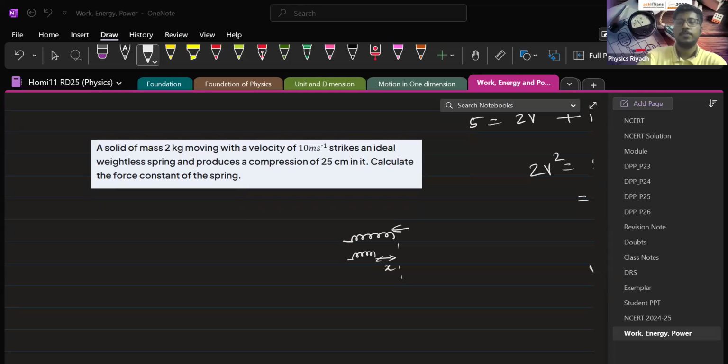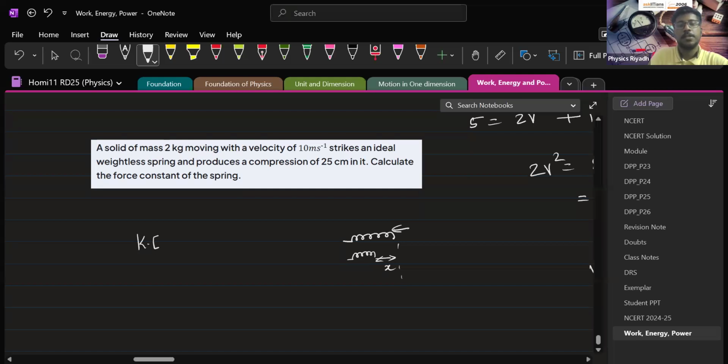So the entire kinetic energy is getting converted to the potential energy stored in the spring. Why is it entirely converting? Because the solid mass is finally coming to rest. Whatever kinetic energy it had is entirely getting converted to potential energy.